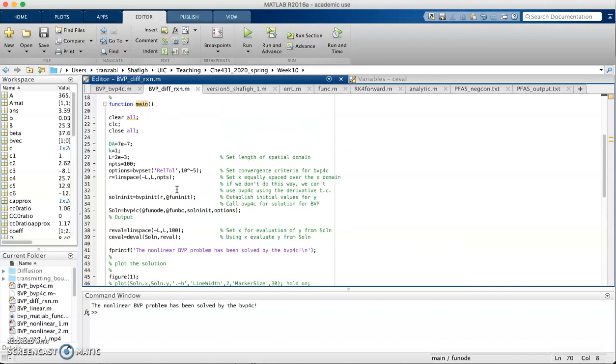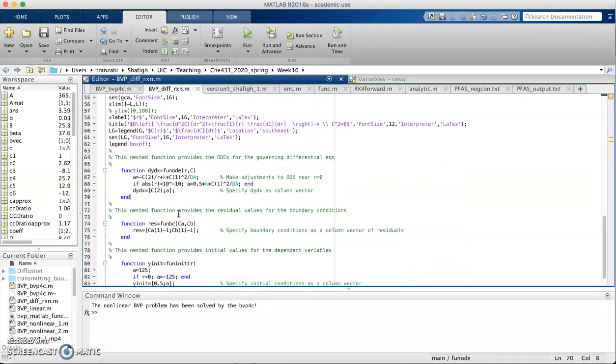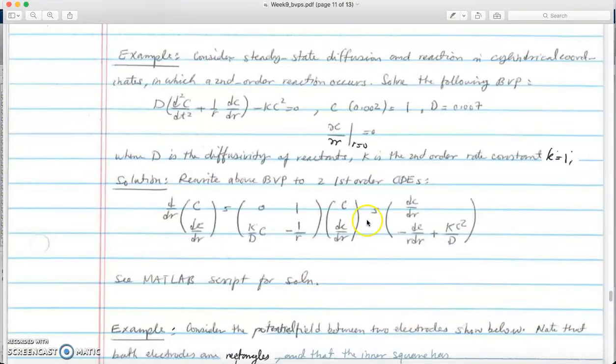The second thing we need to see is the boundary condition. We said this needs to be written in a residual form. So the boundary condition is, remember, the concentration should be 1 at the surface of the cylinder.